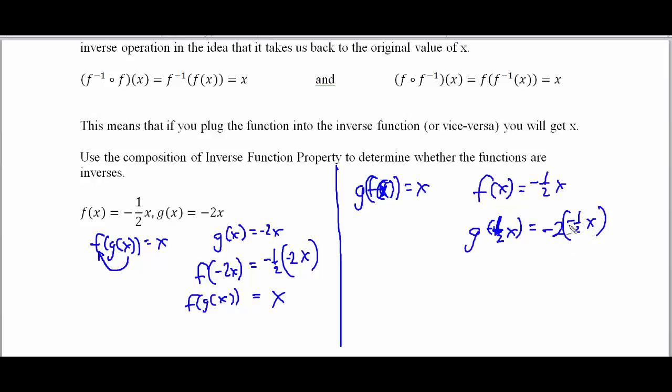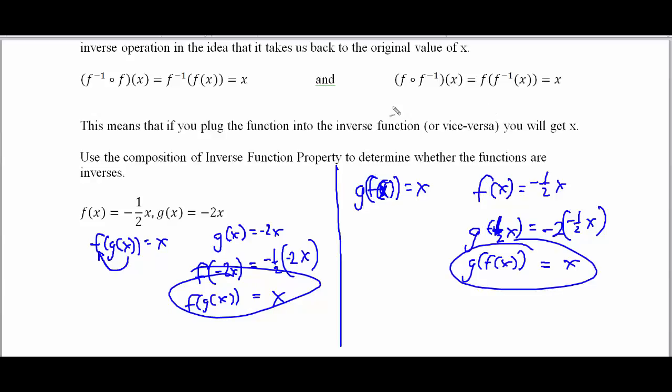And that means I'm going to multiply these two together, which negative 2 times negative 1/2 is 1x. So g of f of x is now equal to x. So now I've shown that both are true, so I've satisfied this condition in both directions.